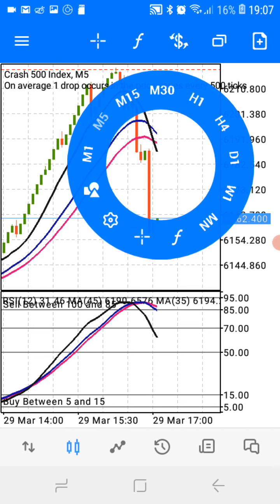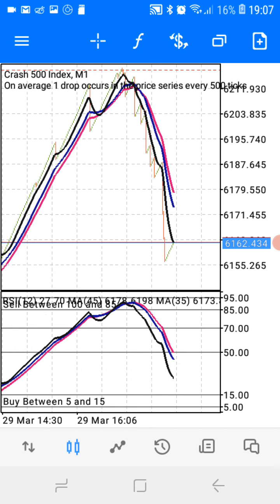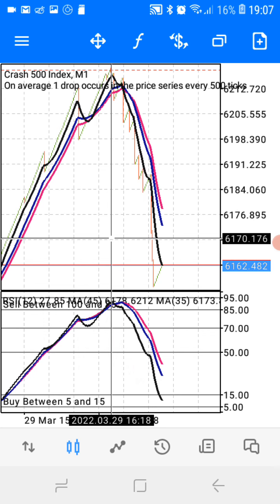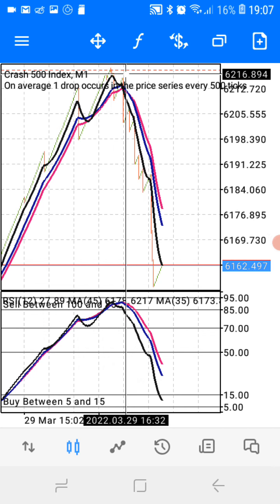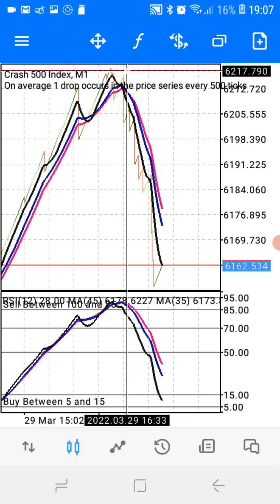Let me go to the 1 minute time frame. Let us zoom out. As you can see on the 1 minute time frame, this is why I took that entry. Always, once you have analyzed the market and you know that it's a downtrend or an uptrend, register that in your mind. If it's a downtrend, what am I going to do?